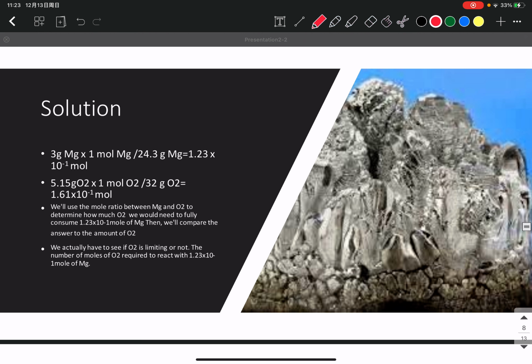In the first step, we need to convert the mass of magnesium and oxygen to moles using their molar mass. So here is the calculation of the molar mass of magnesium.